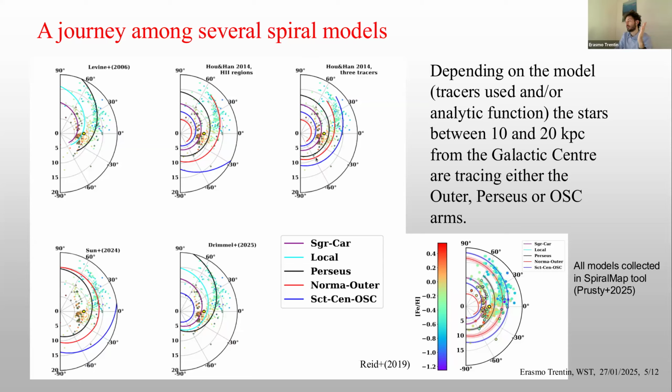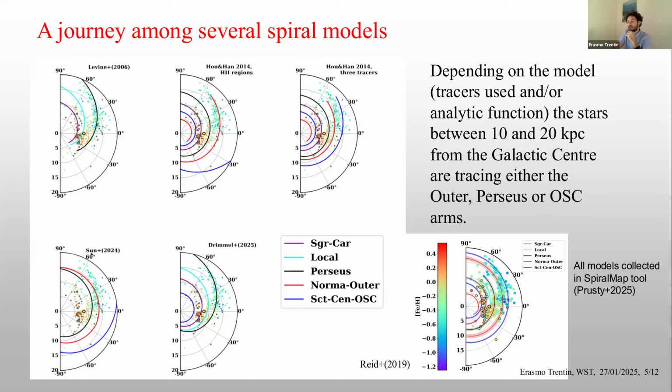But as soon as we go to the black arm, so the Perseus, then we go for the Norma or the association of the Scutum-Centaurus and the outer plus arm, called also OSC, here we find real clear differences.